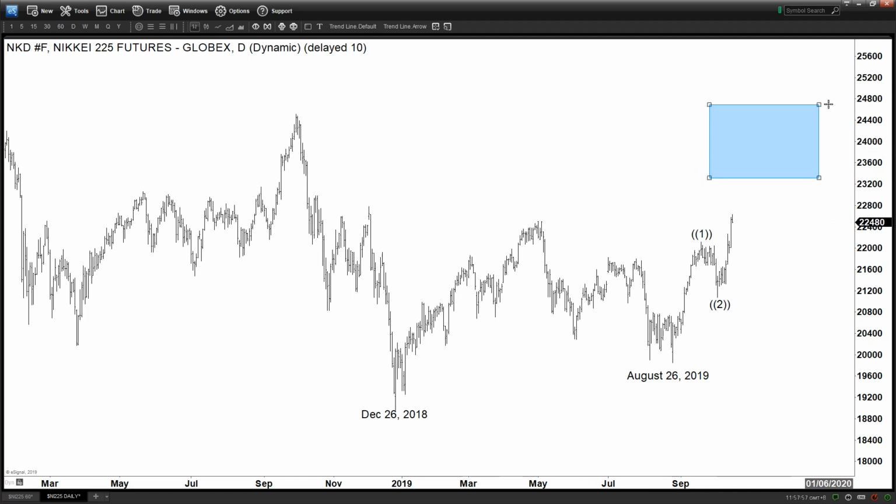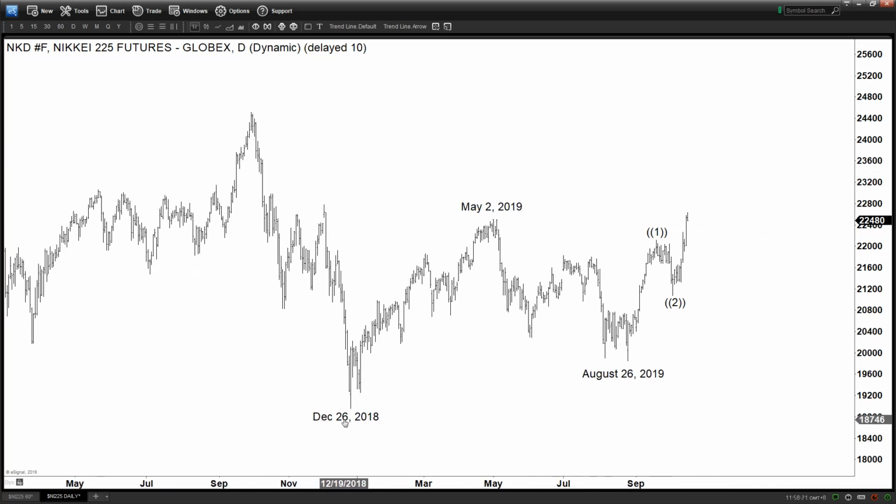Now on top of that, not only do you have an incomplete sequence from this August 26, you also have an incomplete sequence from December 26, and we also broke above this high here, which is May 2nd. So it has already broken above this May 2nd high.